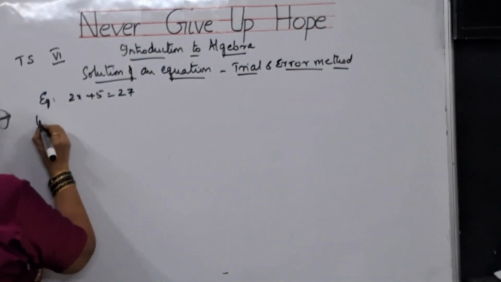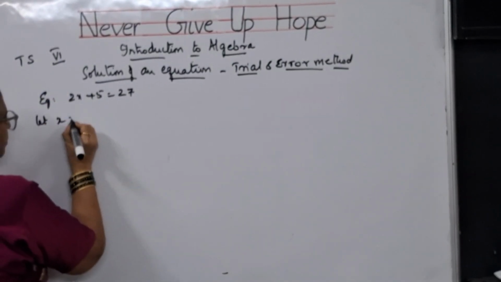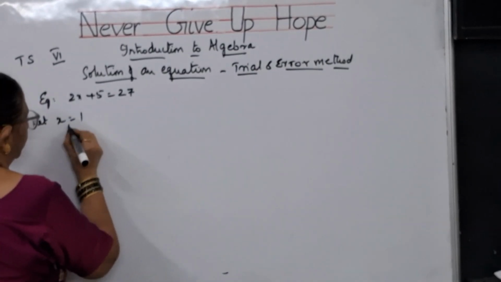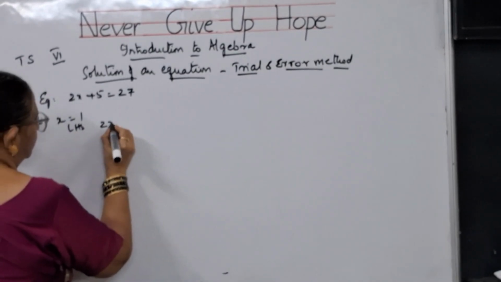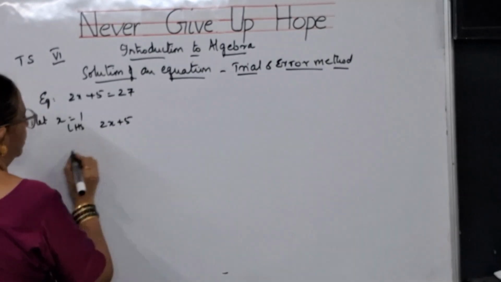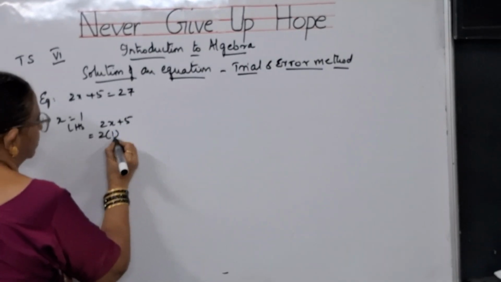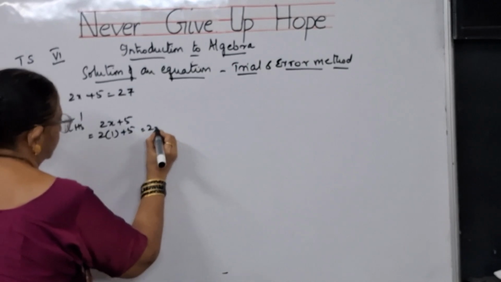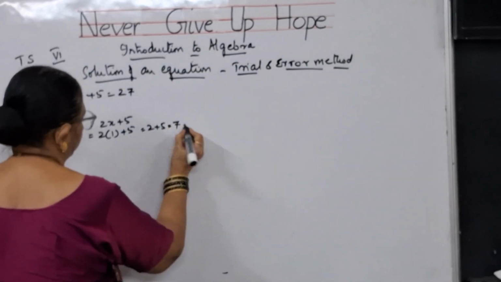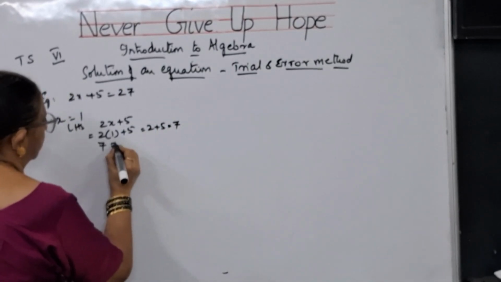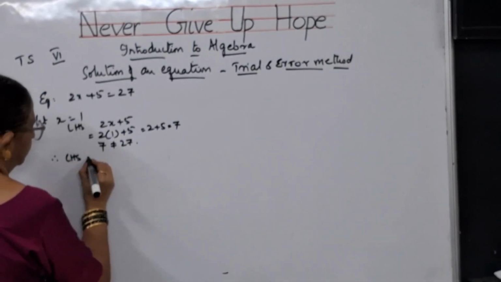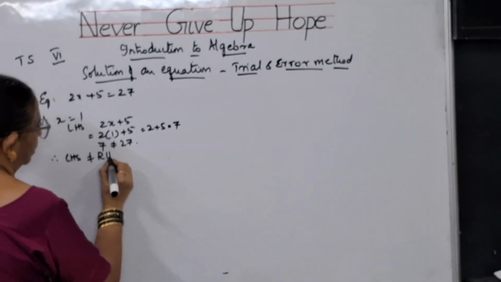So let x be equal to 1. You are trying with 1. Then what is LHS? LHS is 2x plus 5. That means 2 into 1 plus 5, that is 2 plus 5, 7. 7 is not equal to 27. Therefore, LHS is not equal to RHS.